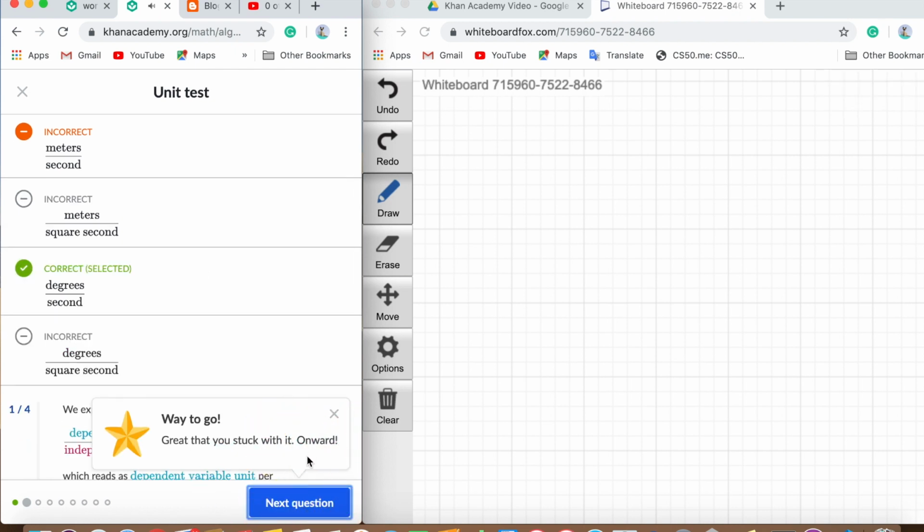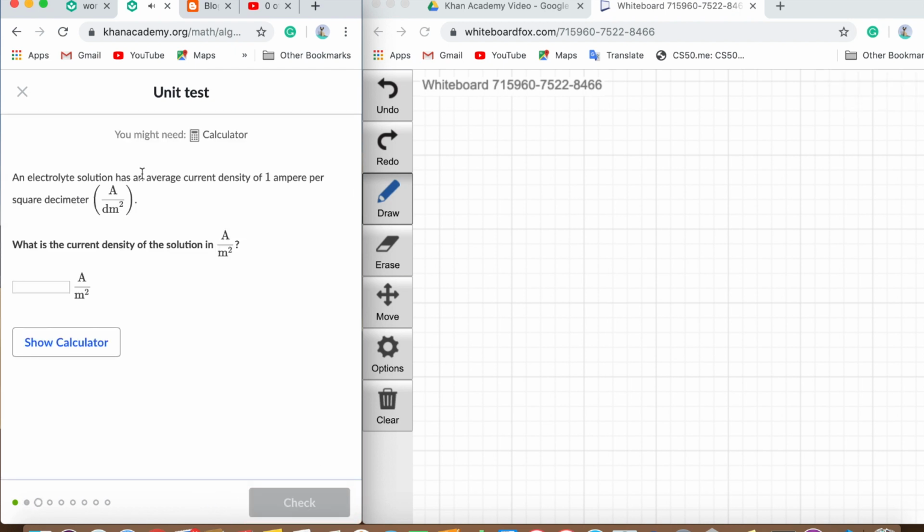Yep. Okay. Next, an electrolyte solution has an average current density of 1 ampere per square decimeter. What is the current density of the solution in A over M squared? Okay, so what is current density?